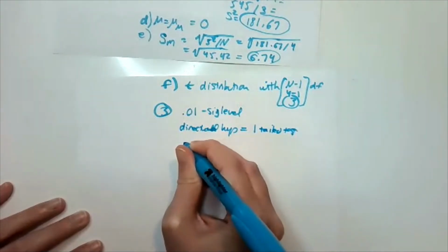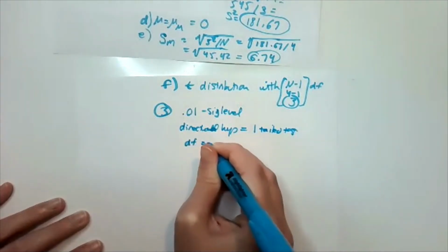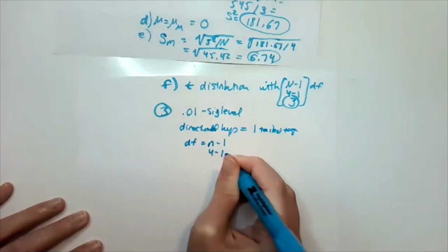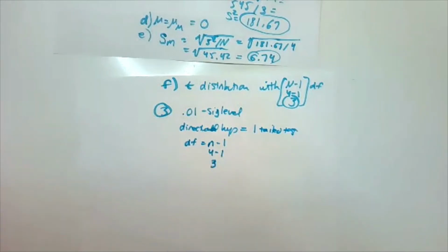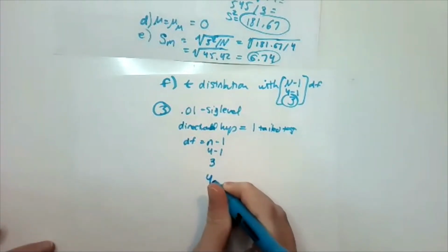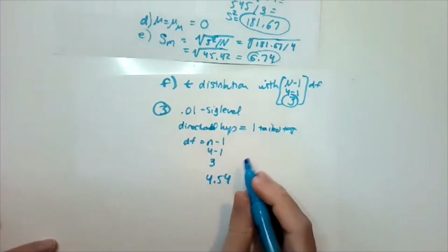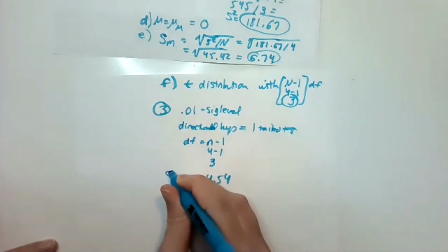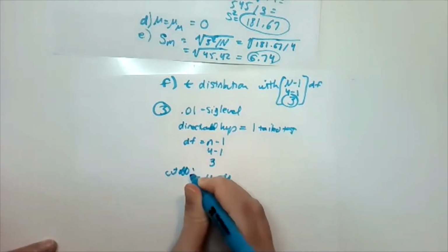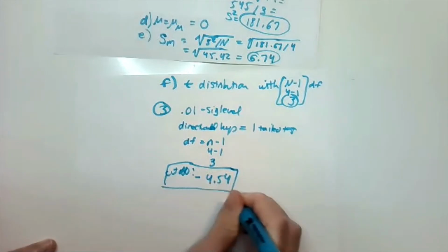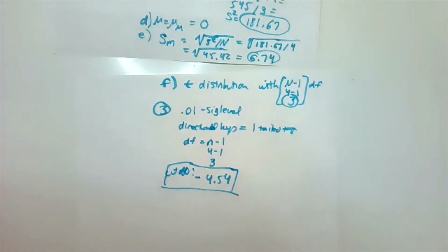And we know that I have 3 degrees of freedom here. If I look up on my t-table, I have a one-tailed test, 3 degrees of freedom at the 0.01 significance level. I should find that my cutoff score should be 4.54. And because we're looking for less added sugar, that's going to be a negative. And so we have our cutoff score here.